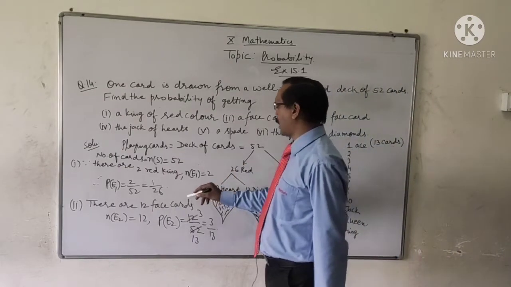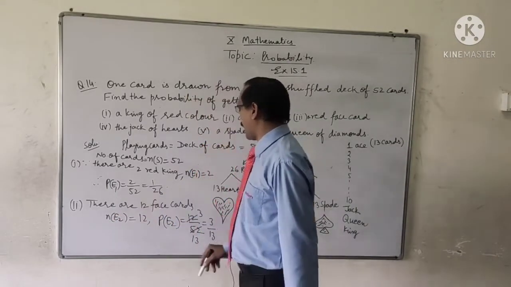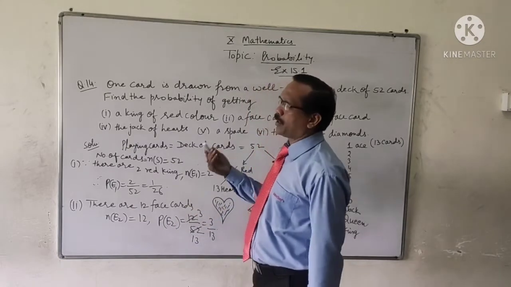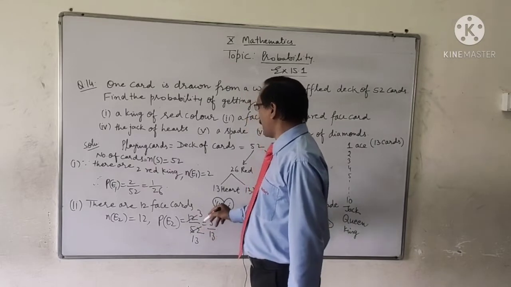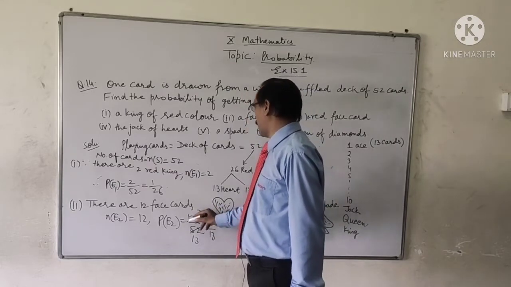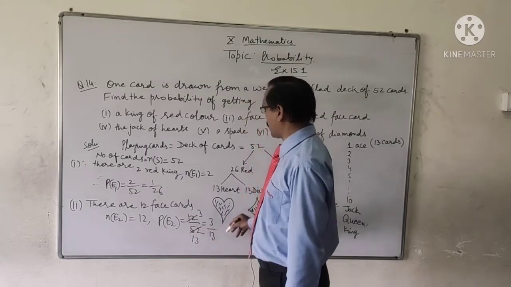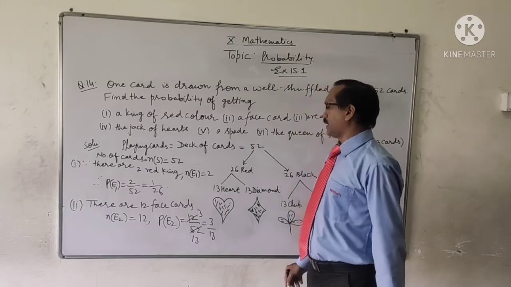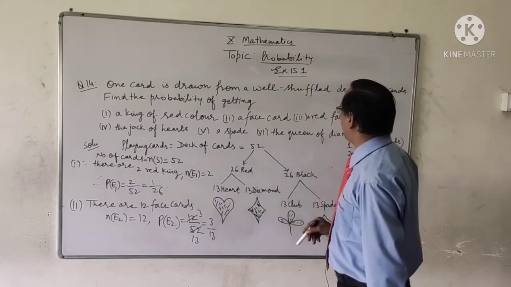So there are 12 face cards. So n(E2) equals 12, and probability for this case is favorable outcomes upon total number of outcomes. So it is 12 upon 52. We will cancel it by 4. 4 threes are 12 and 4 thirteens are 52. So the answer is 3 by 13. So for the second case, probability is 3 by 13.